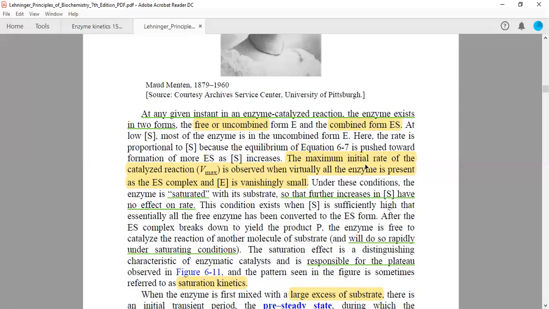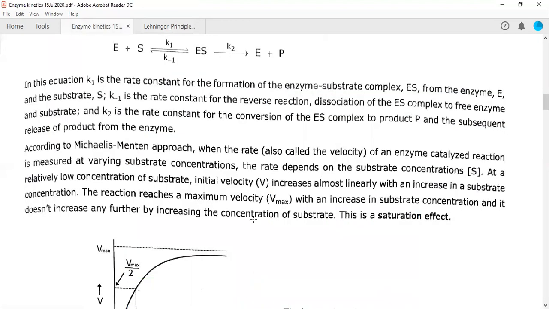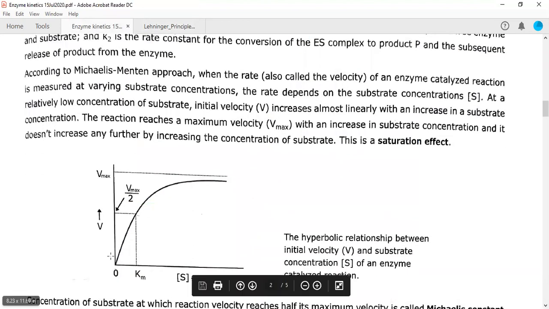So the maximal initial rate of the catalyzed reaction, that is V maximum, is observed when virtually all the enzyme is present as an enzyme substrate complex. If you are not able to understand this line, it is actually talking about this particular portion of this curve where this is showing first order reaction kinetics.